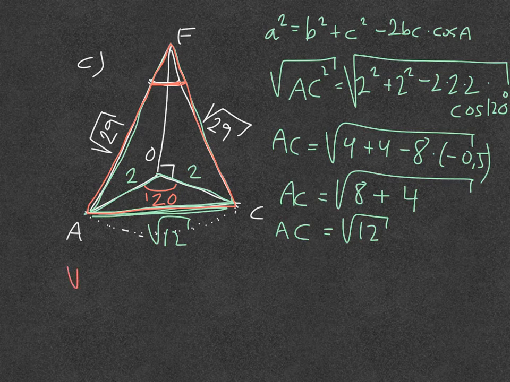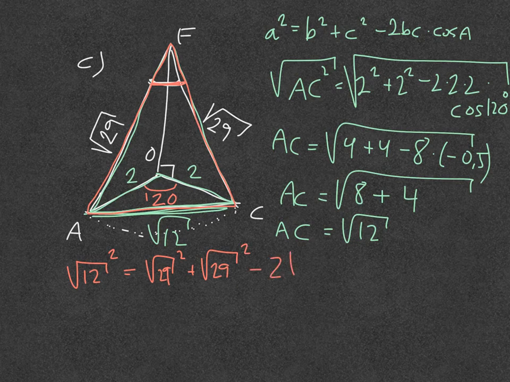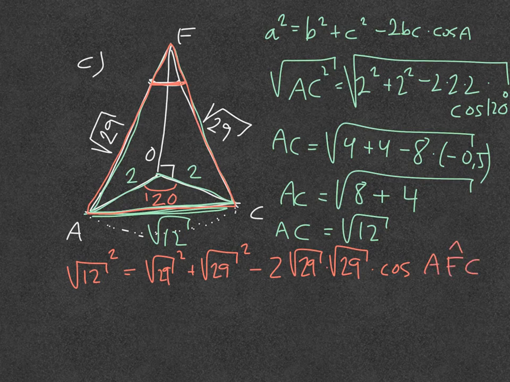So that means that square root of 12 to the power of 2 equals square root of 29 squared plus square root of 29 squared minus 2 times square root of 29 multiplied with square root of 29 multiplied with cosine of AFC, which is this angle here.